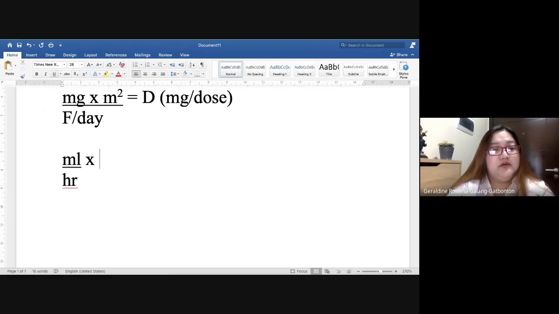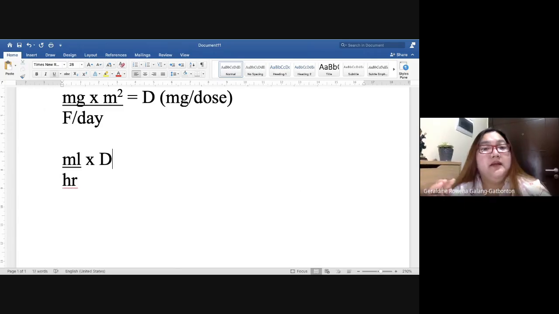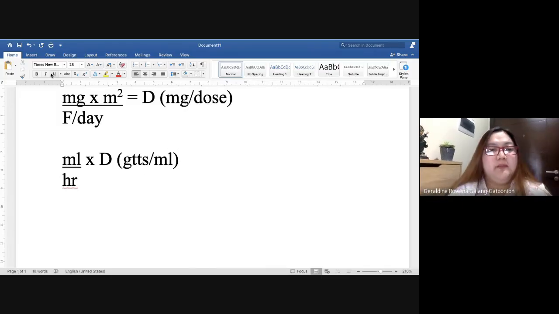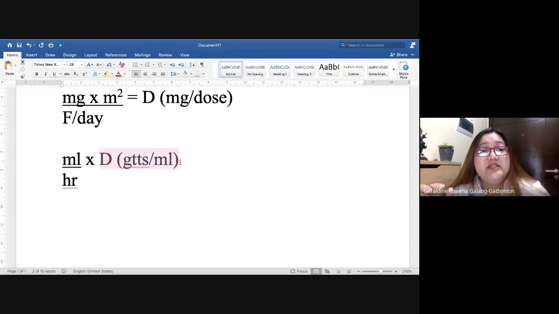It is standard times drop factor. So, ano nga yung drop factor? Kapag microset, always 60 drops per ml. Pero pag macroset, depende. 15, 20, 25, it depends.